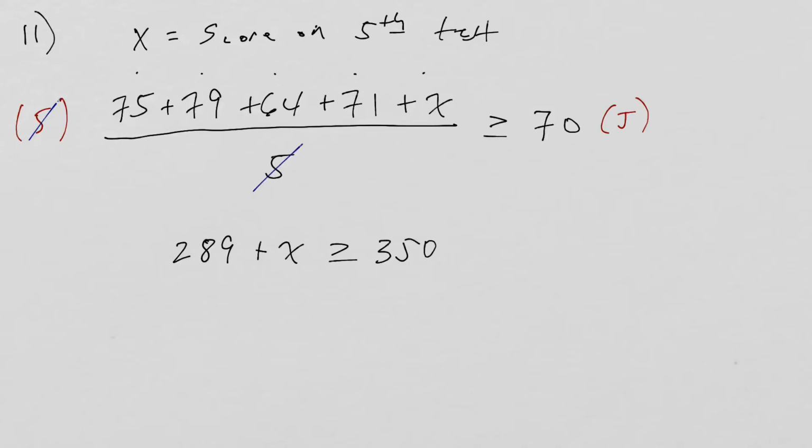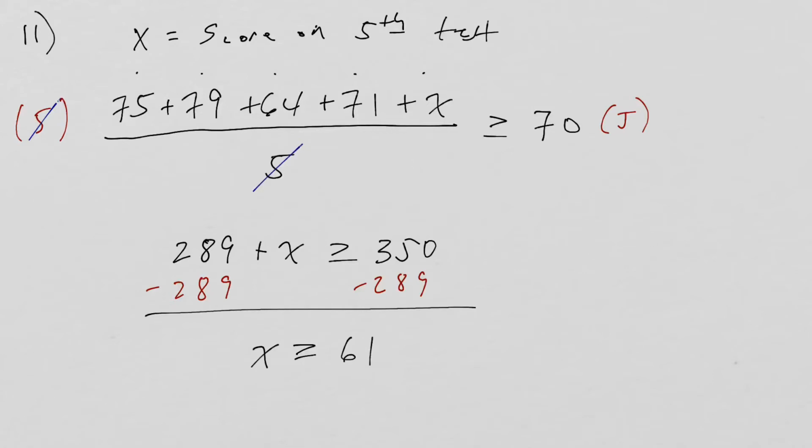So now I'm going to subtract my 289 from each side, and I'll get x is greater than or equal to 61. So this tells me that this student needs to get at least 61. So at least a 61 on the 5th test.